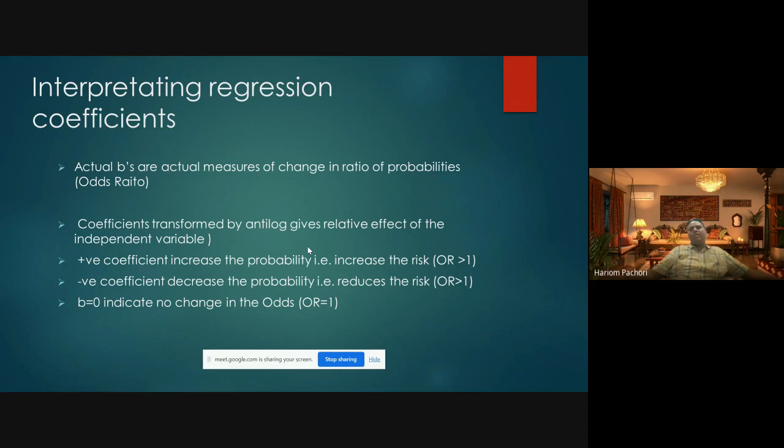A positive coefficient increases the probability, that is, increases the risk; the odds ratio is greater than 1. A negative coefficient decreases the probability, reducing the risk; the odds ratio is lesser than 1. This is wrongly written, no? Beta 0 indicates no change in the odds, the odds ratio is equal to 1, meaning that with the reference category, both categories are the same.